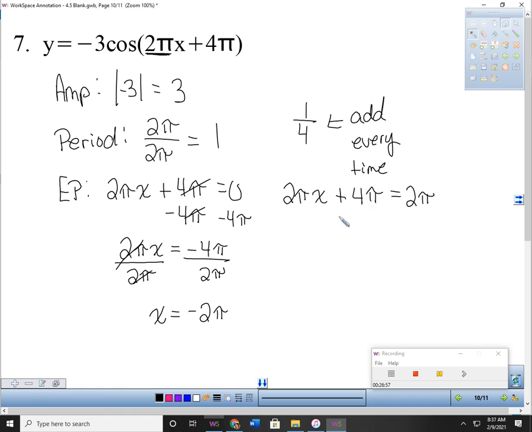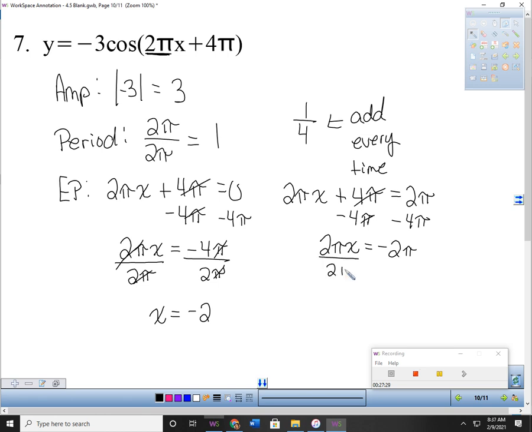All right, then I do the same thing over here. I'm going to subtract the 4 pi. Oh, I put the pi on here, but that actually cancels, right? So it should just be negative 2. My fault. All right, subtract the 4 pi over here. So you have 2 pi x is equal to negative 2 pi.